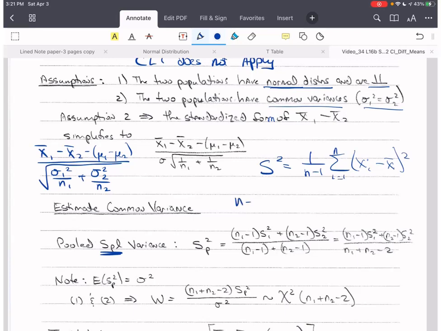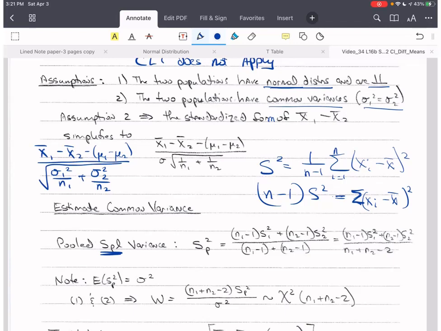So n minus 1 times s squared is equal to n minus 1 times 1 over n minus 1 times the sum of xi minus x bar squared. These cancel, so this is just equal to the sum of xi minus x bar squared.